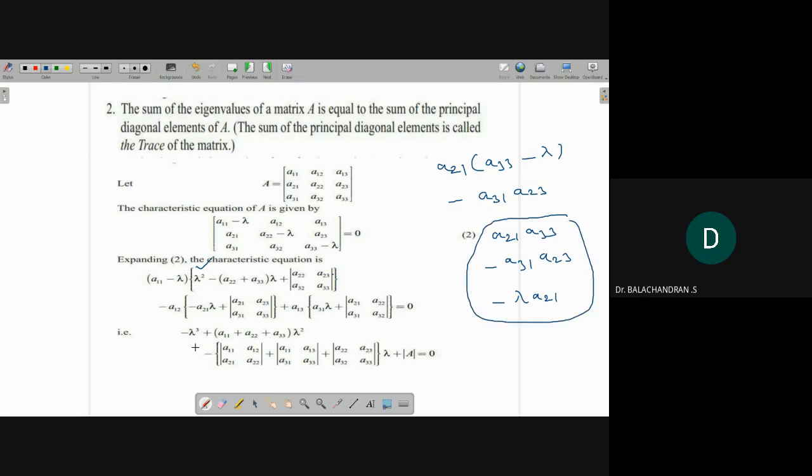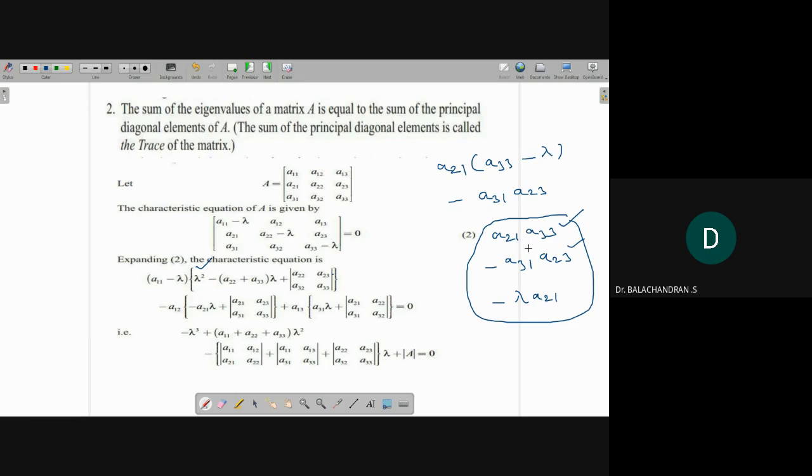Okay, now look here. You can see this determinant. What is this determinant? A21, A33 minus A31, A23. So I think these two expressions give this determinant.